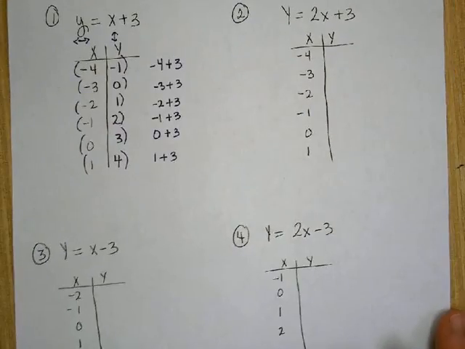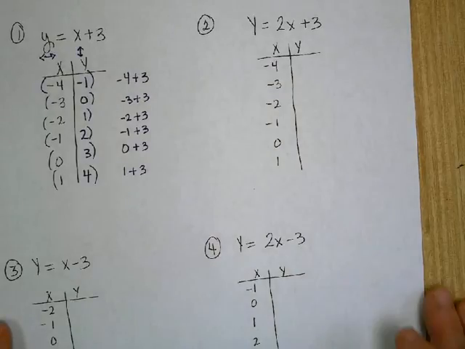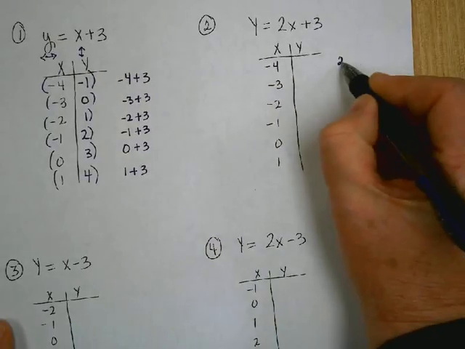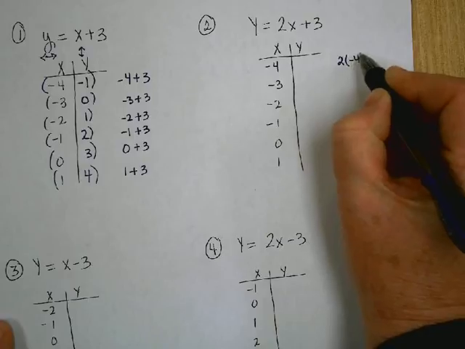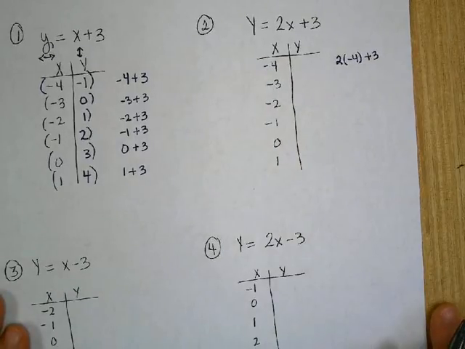Number 2 says y equals 2x plus 3. We need to fill out the chart. So this is 2 times negative 4 plus 3. What's 2 times negative 4?